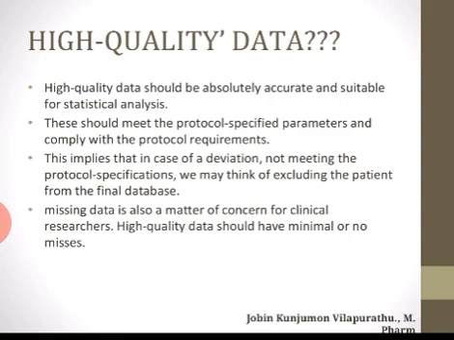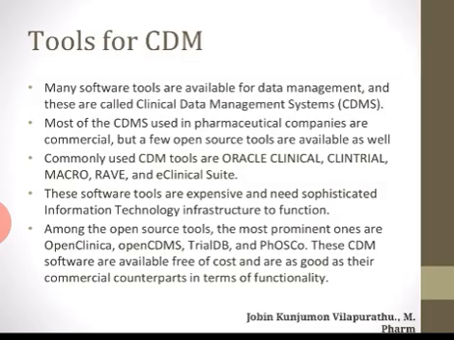First, high quality data should be absolutely accurate. Second, it should be suitable for statistical analysis. Third, it should meet the protocol specified parameters. Fourth, the deviations should be minimal. And fifth, there should not be any kind of missing data.